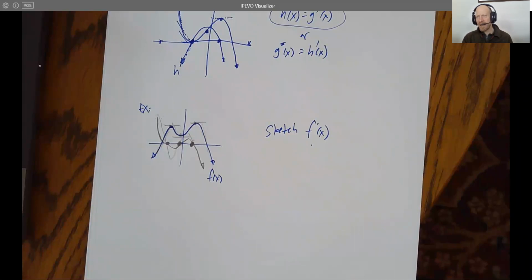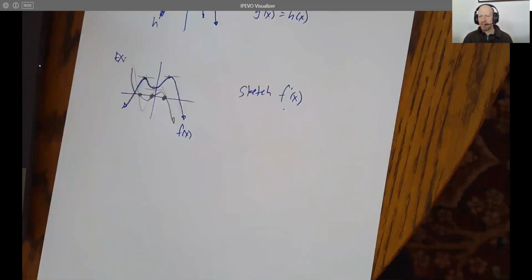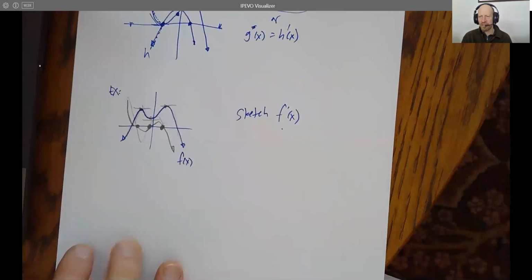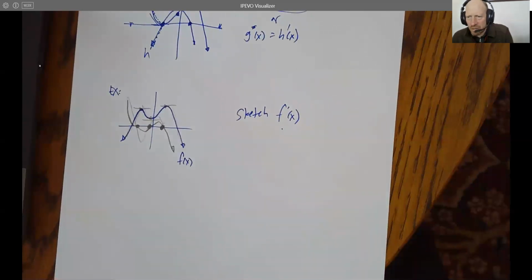It's not somehow like the derivative is a version of the original graph. It doesn't work that way. I mean, sometimes it might look kind of like the original graph, and sometimes it might look totally different than the original graph. You don't know until you start to try and do it.